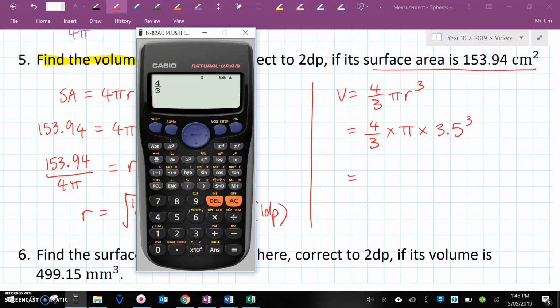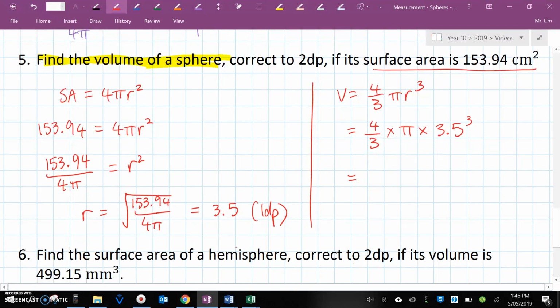Four over 3 times pi times 3.5 cubed is 179.59 centimeters cubed. Okay, so the radius is 3.5 centimeters.